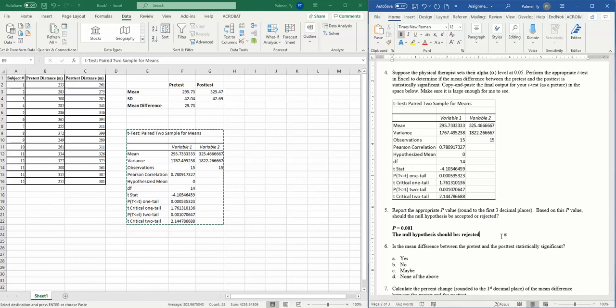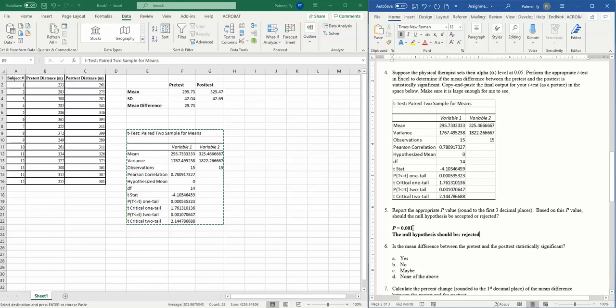You could have a p-value like I did, less than 0.05, and therefore you reject the null hypothesis. Or you could have a p-value greater than 0.05, and then you accept the null hypothesis. So to answer this question, that's dictated by your p-value.